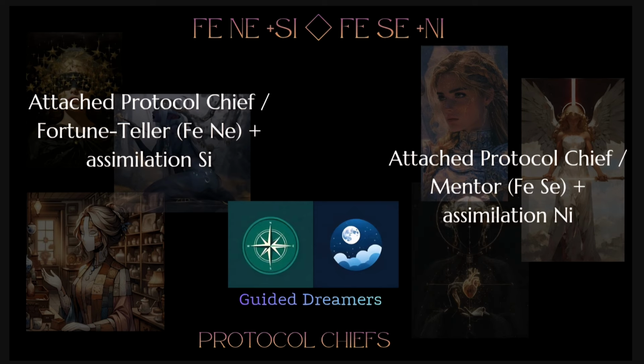It's good to keep in mind, as you said earlier, that anyone can do a certain role or position. It's just a matter of when you see this person process in this way, more often than not, they are a protocol chief.